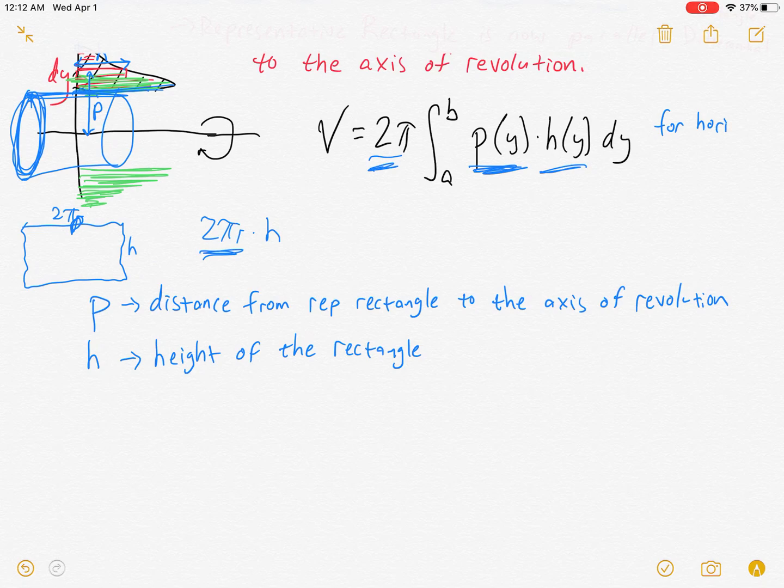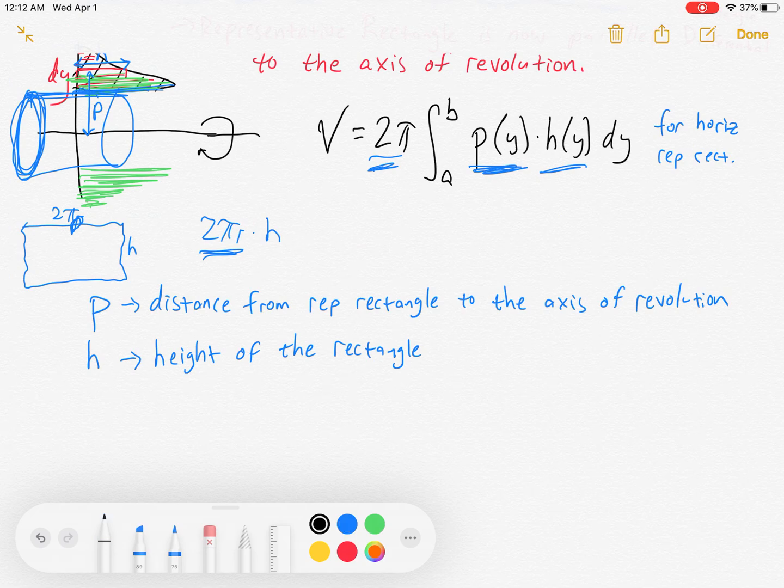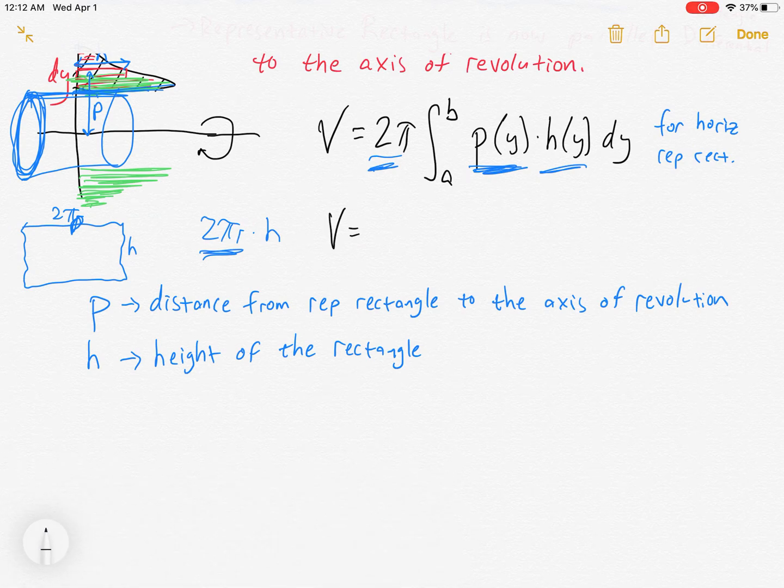Okay, so this would be shell method for a horizontal representative rectangle, right? And that happens, but usually our representative rectangles are going to be vertical. So I'm going to do that one in black again. So yes, it could be p at x times h at x dx.